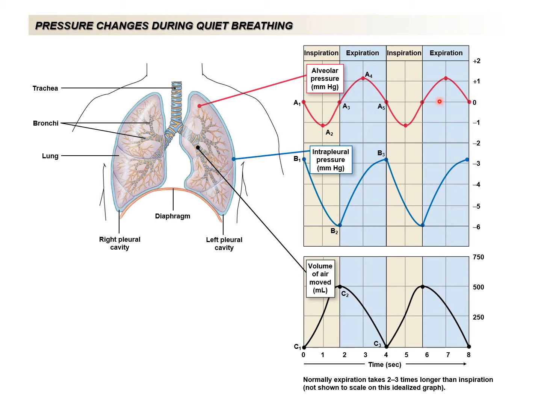So if 0 is atmospheric pressure, so alveolar and atmospheric are pretty similar, notice that the intrapleural pressure is actually around 3 millimeters of mercury lower. And that's very, very deliberate. It's a combination of the fluid inside here, but about 1 in every 4 to 8 breaths, we take a deeper breath.